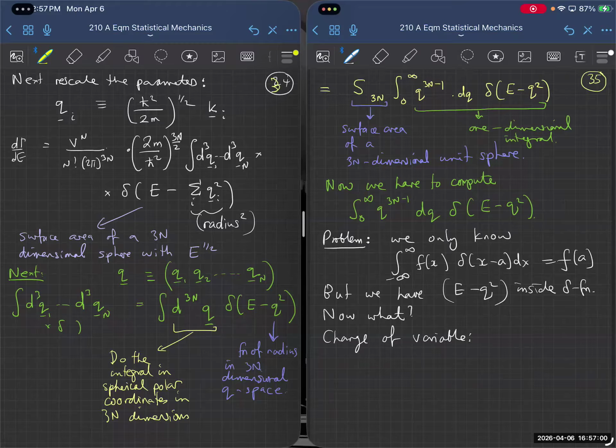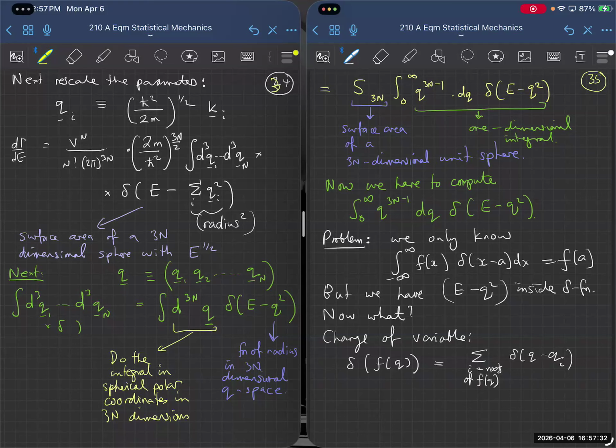If I have a delta function, not of q, but of f of q, where f is some function, then you might think it's the sum over the roots of f of q, because when f of q is equal to 0, then the delta function will be 0.